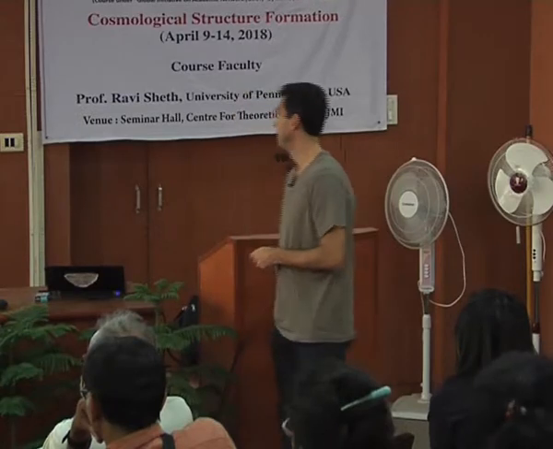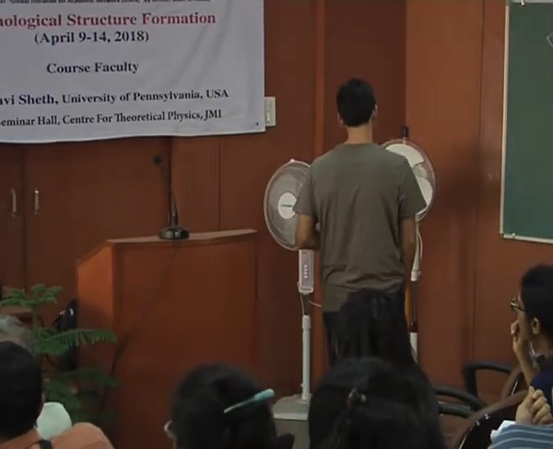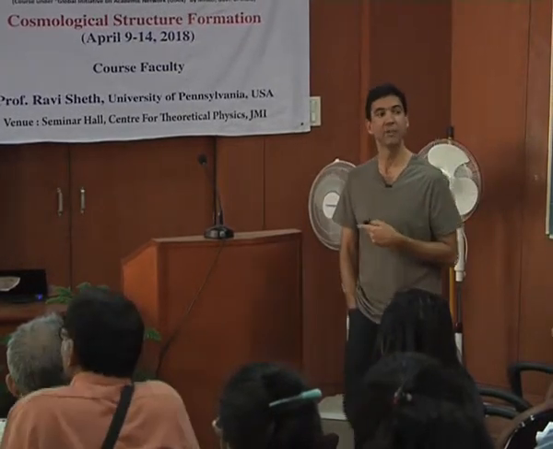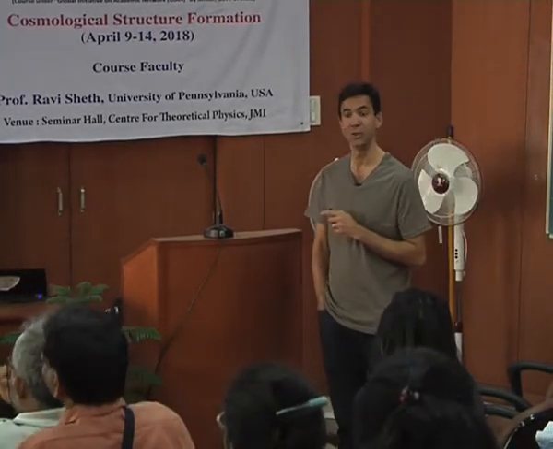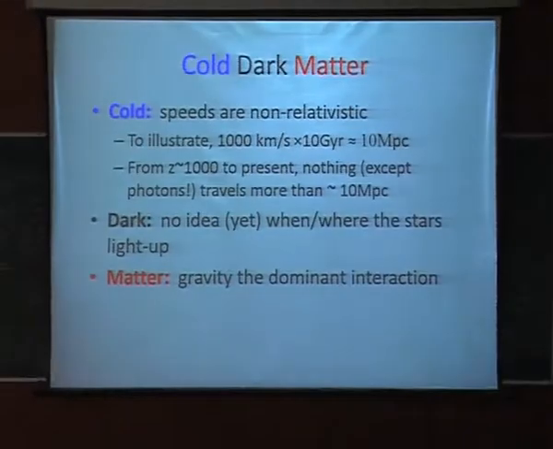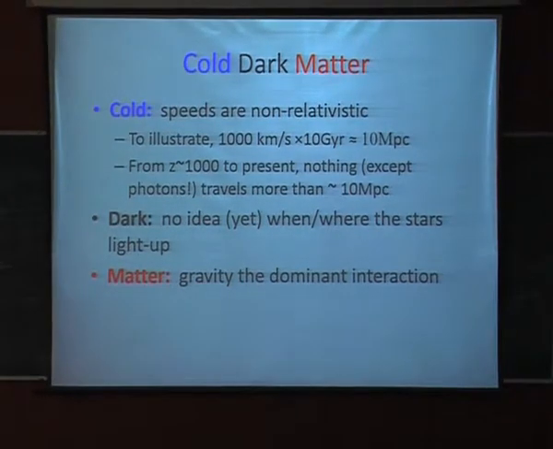So what is setting the scale? This is still not physics. This is still an observationally motivated estimate. You look in the sky and you say, how fast are things moving when I look at them? The things that we see are moving a few hundred kilometers per second.